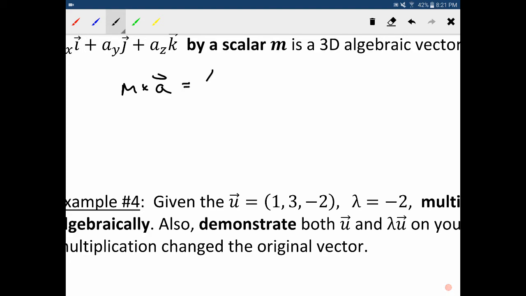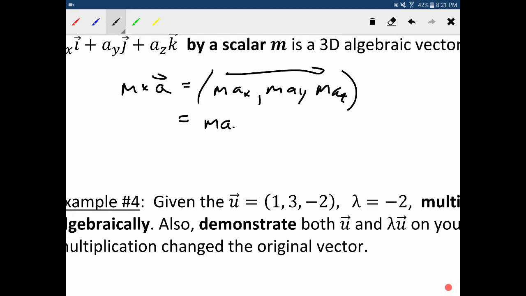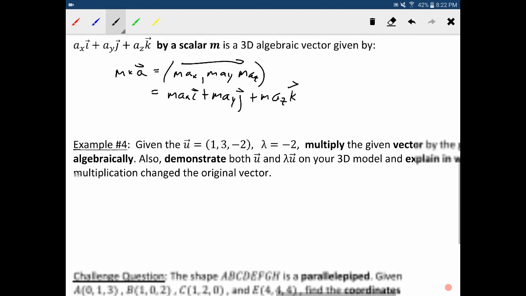It's just going to be m ax, m ay, and m az. Or alternatively, we would have m ax times i plus m ay times j plus m az times k. And that's it.